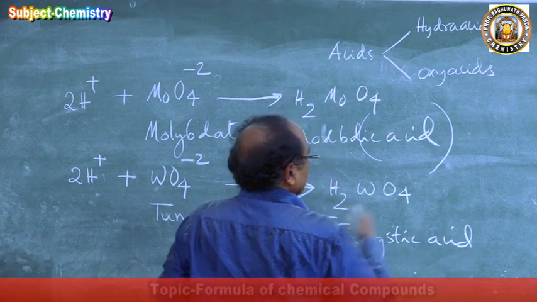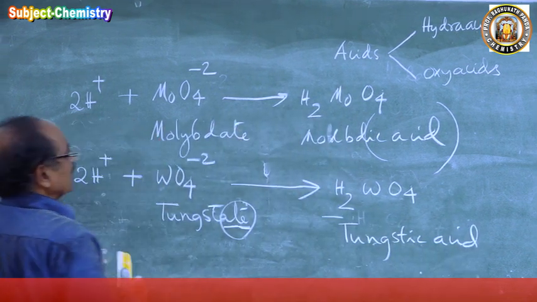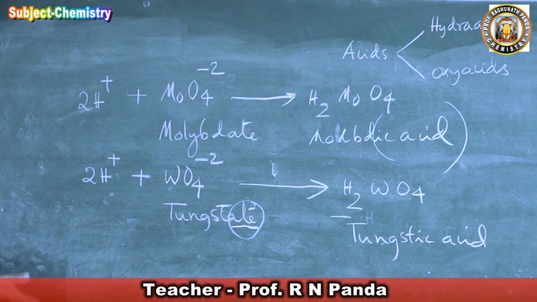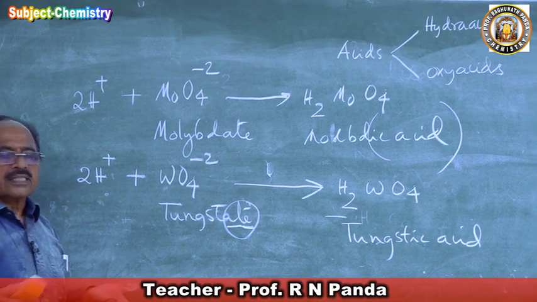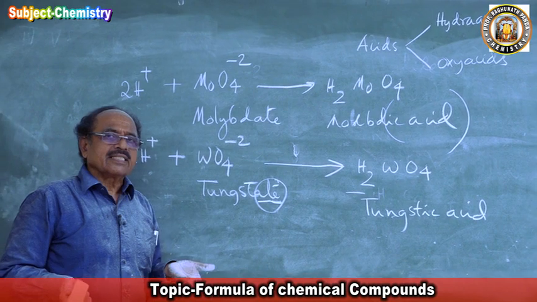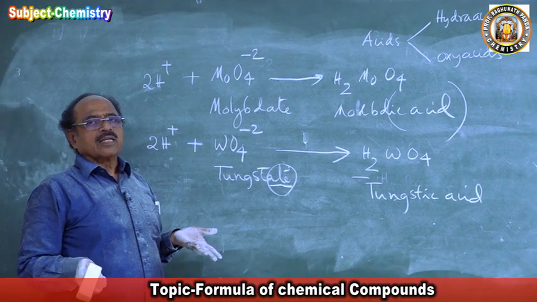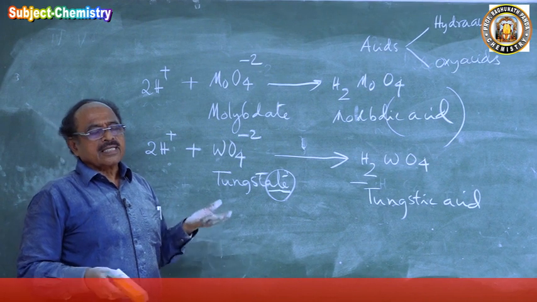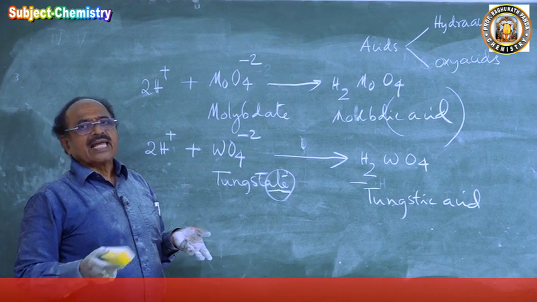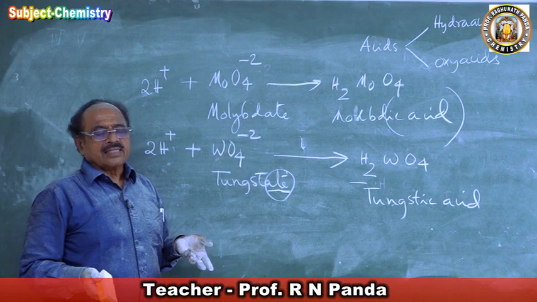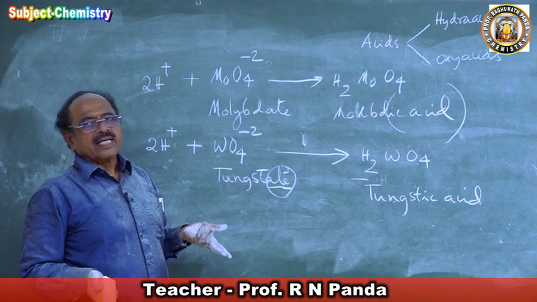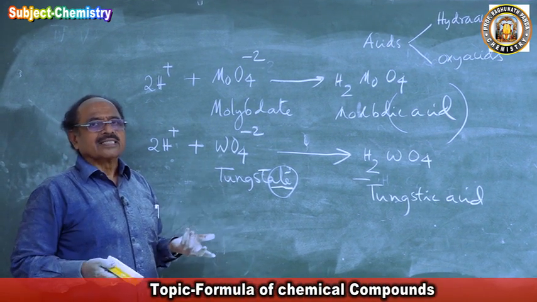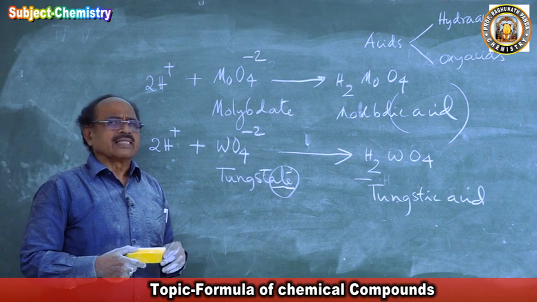So these are all the acids you have for group 6. So sulfate, sulfuric acid, sulfite, sulfurous acid, thiosulfate, thiosulfuric acid, tetrathionate, tetrathionic acid, then chromate, chromic acid, dichromate, dichromic acid, then molybdate, molybdic acid, and tungstate, tungstic acid. See children, you are not remembering anything.